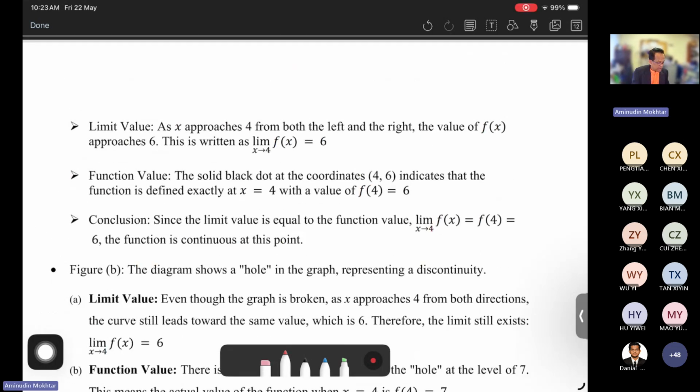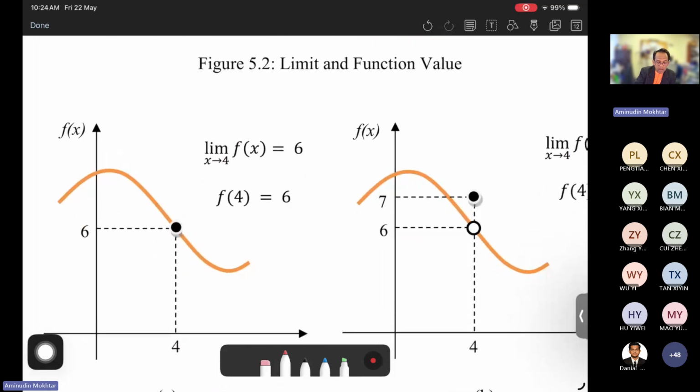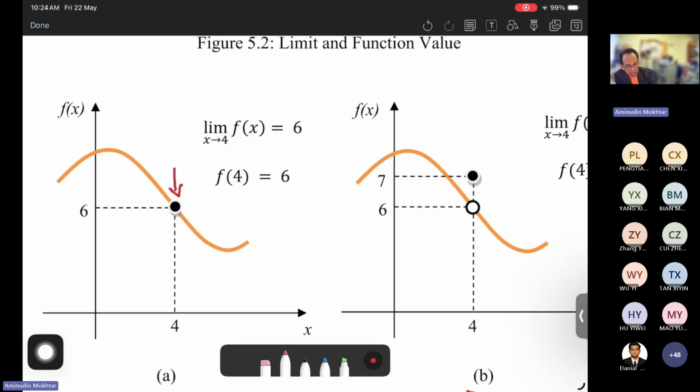Based on figure 5.2a, we have one point here, a solid black dot. Our focus is when x equals 4.